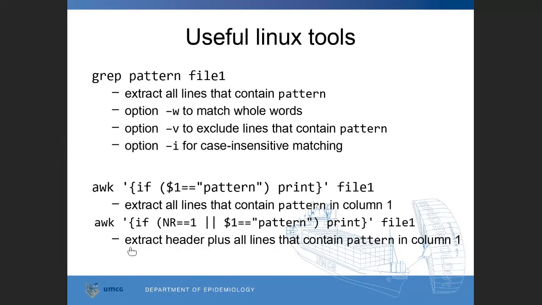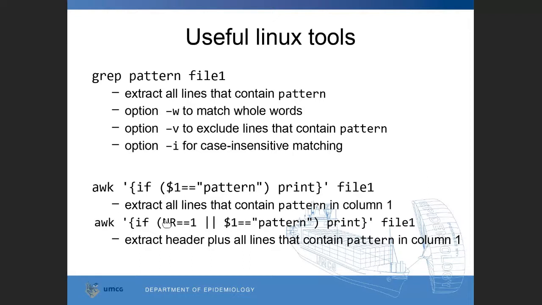With awk, you can do a lot of things. You can do very complicated things to extract things from the file or add new columns to the file. So for instance, here it's a little bit more complicated.